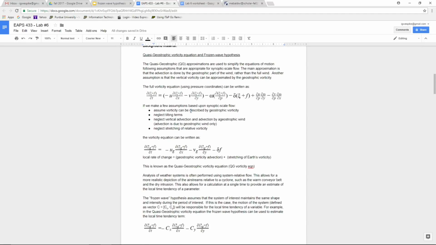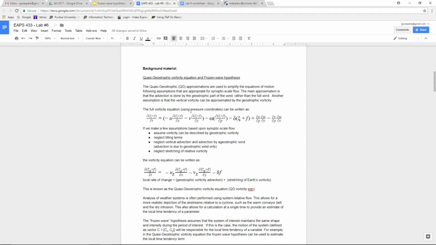So for this lab, we're going to start looking at the quasi-geostrophic equations and the simpler version of the equations of motion that we can use if we assume we're dealing with large-scale weather systems, synoptic scale flow.